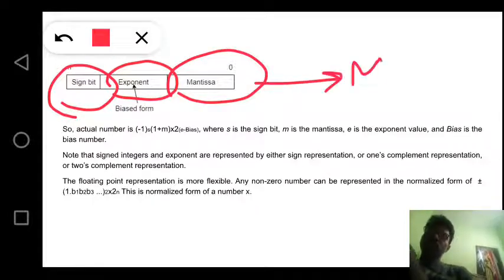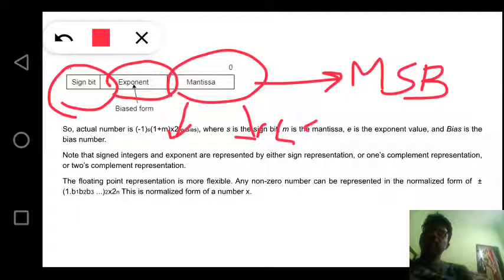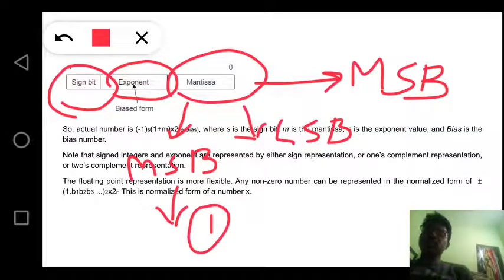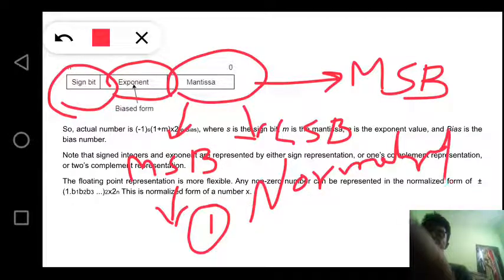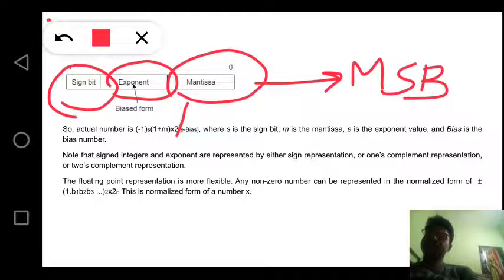If the most significant bit, this one, this is LSB. Remember, we discussed in the previous card, MSB and LSB. If MSB is always 1, this is called normalized form. Just remember this point. Why it is so important, we'll discuss later. Normalized form of a mantissa.